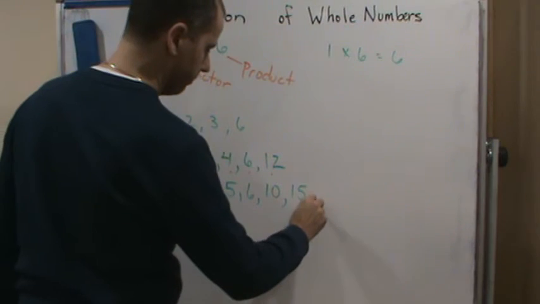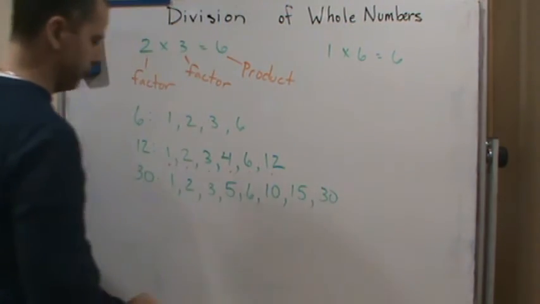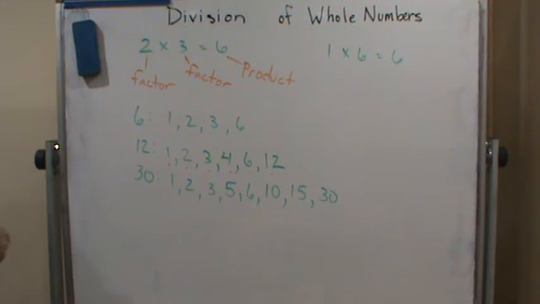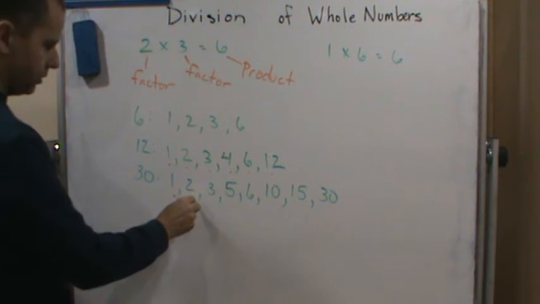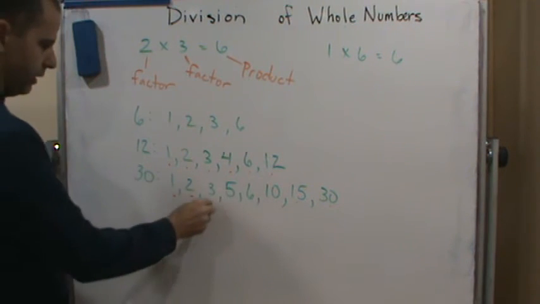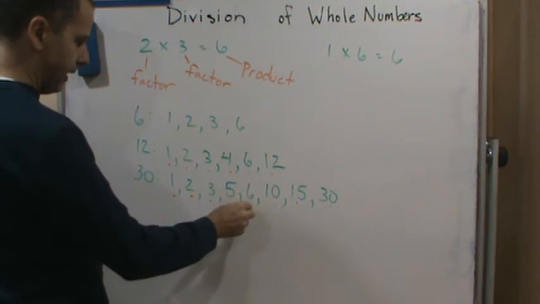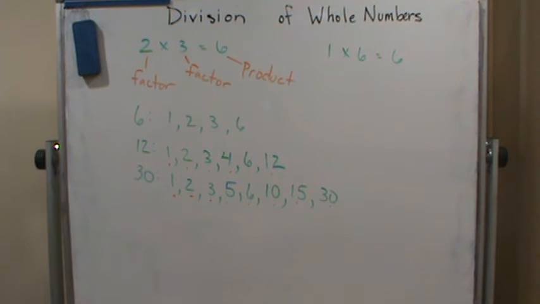And then 30 is the last one. So let's check this out. Okay, notice the pairs again. 1 times 30 is 30, 2 times 15 is 30, 3 times 10 is 30, and 5 times 6 is 30. Okay. Now what about 36?